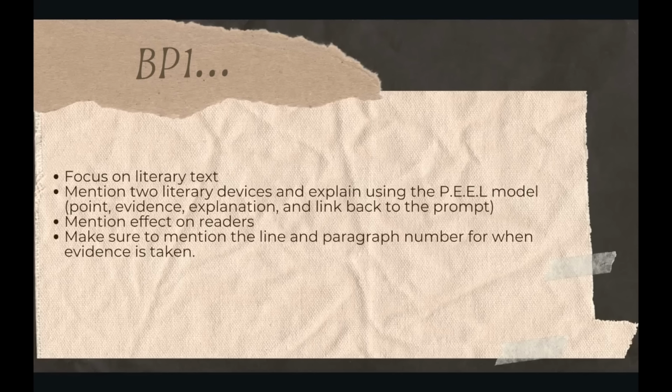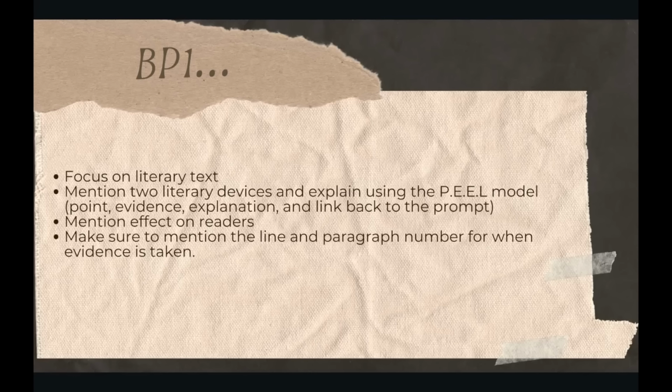And it's good to use the PEL model as it helps you organize your answer, so it helps with criterion B. The model is in which you mention the point, what device was used, and you mention the evidence, so you quote it from the text, and of course you should mention the line and paragraph it is from, and then you give an explanation to show how this line uses this literary device.